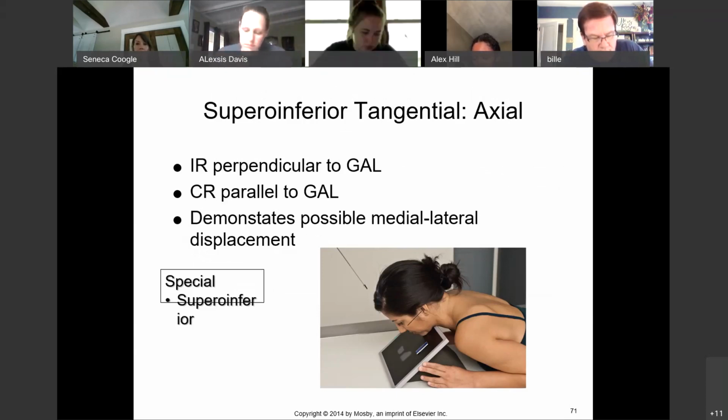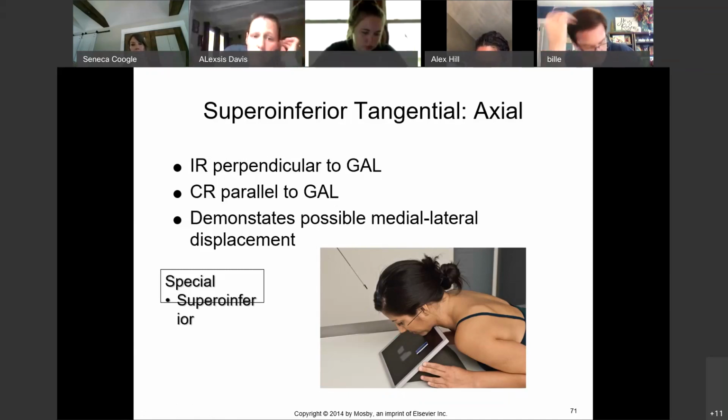Basically, you are going from top to bottom of this nasal area, but you also have to be careful not to get someone's forehead and head all in the way. So this is a very difficult projection to get done because the patient has to be positioned over the film, and their head has to be positioned a certain way so that you don't get forehead all in your nose.